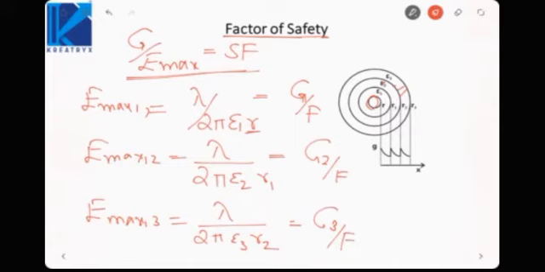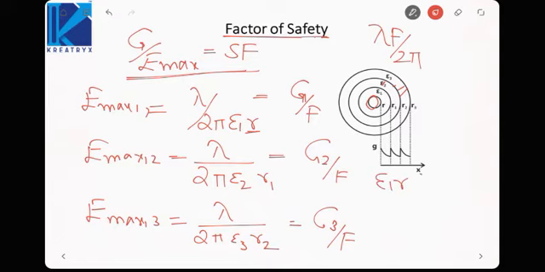Now if you calculate, lambda f by 2 pi, in the case of the first material, will be epsilon 1 r g1. For the second it will be epsilon 2 r1 g2.